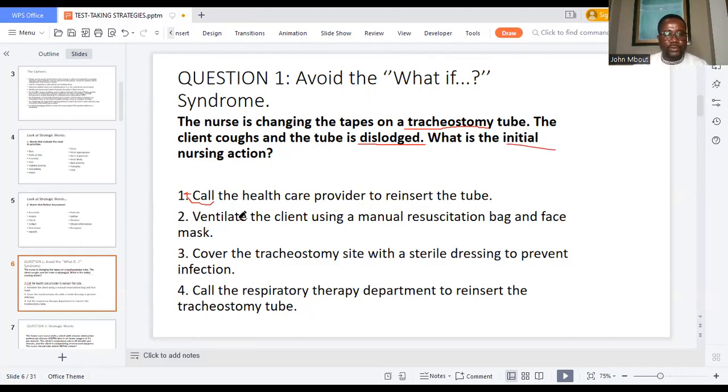In this case, we have to ventilate. Now, when you choose an option, look at the action that you want to do. Will this action help the client? If I waste time, what happens? When they set questions, they want you to be a safe nurse.